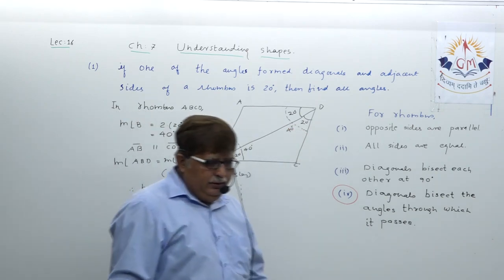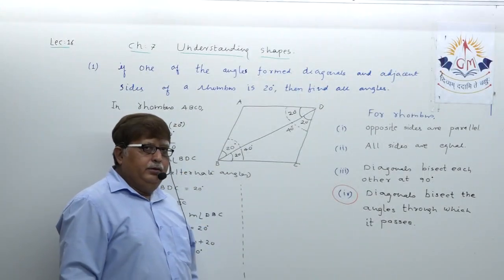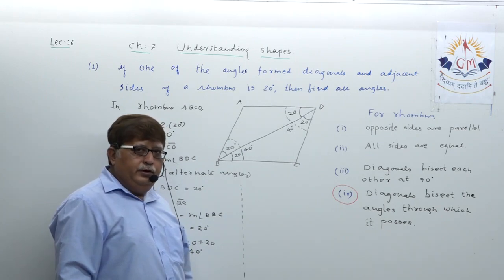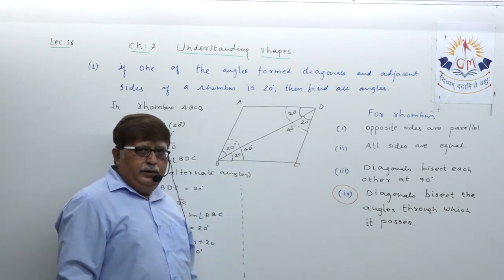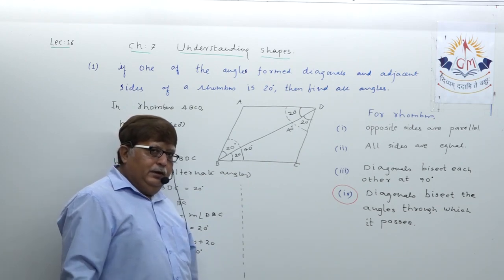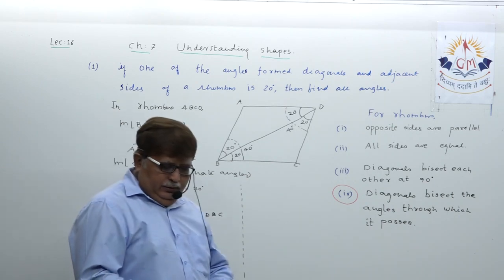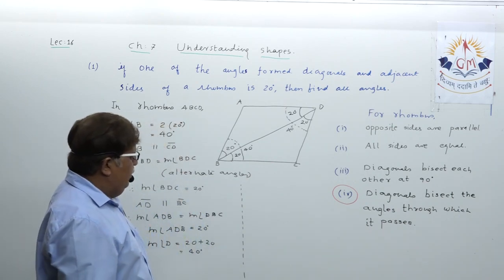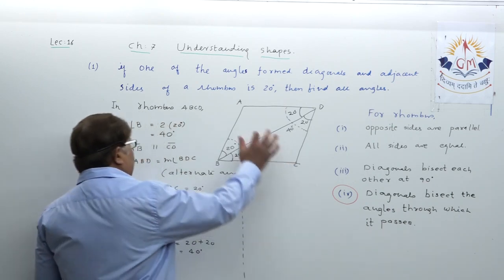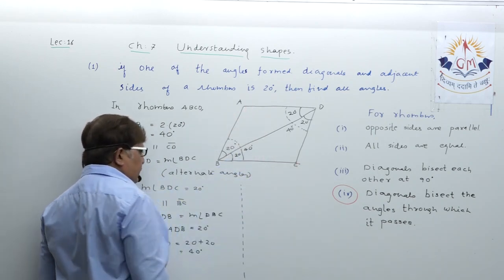Angle B, you already got 40 degrees. Angle D, you got 40 degrees. Now it's a question of finding the rest of the two angles, that is angle A and angle C.